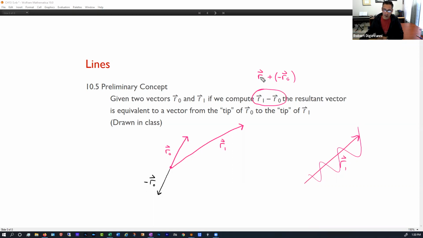So now if I'm going to add R1 together with negative R0, I want to ask somebody. Daisy? Is Daisy here? Yes, I'm here. Hey, Daisy. So when you add 2 vectors, how do we do it geometrically, visually? Is you get the dot product?